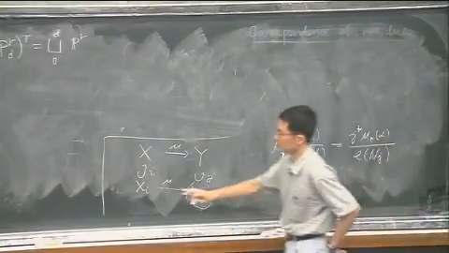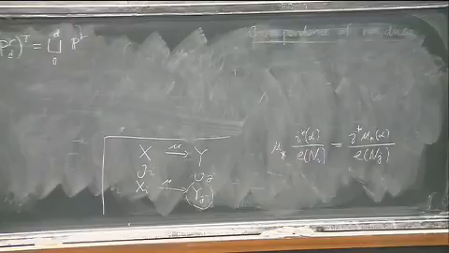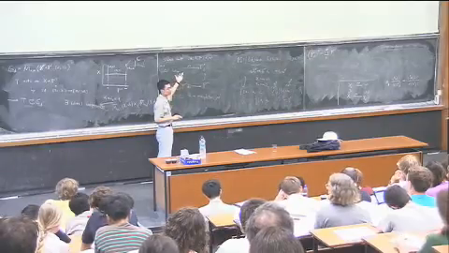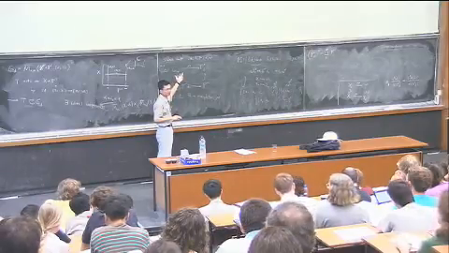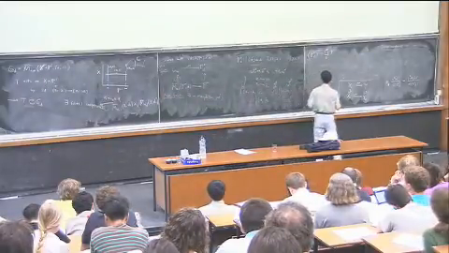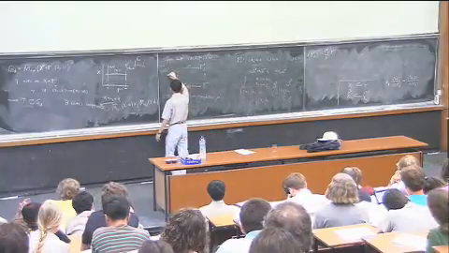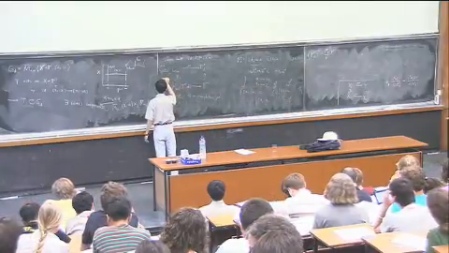So let's look at what the normal bundle for this is. In this case, the virtual class is the same as the fundamental class, so we don't have to worry about the virtual class. These are all orbifolds, smooth orbifolds.